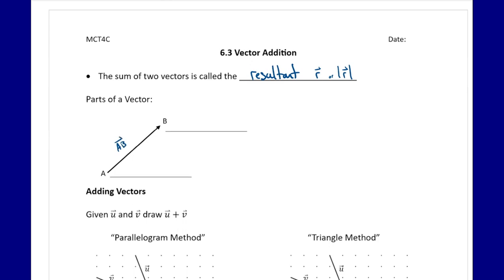The two parts of the vector: you have your tail, which tends to be the first letter, right over here, A. This part is the tail, or where we start, and then we have the tip of the vector, or the head, basically the arrow part. You have your tail and your tip of each vector, and that's going to be important when we look at the different methods for adding vectors.